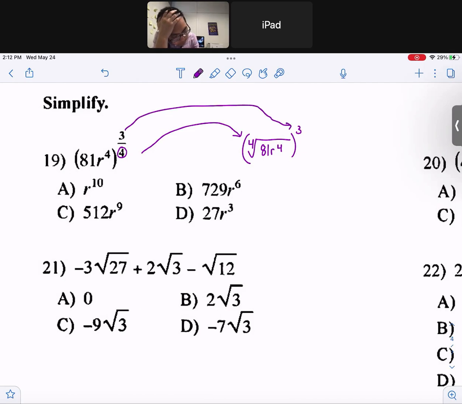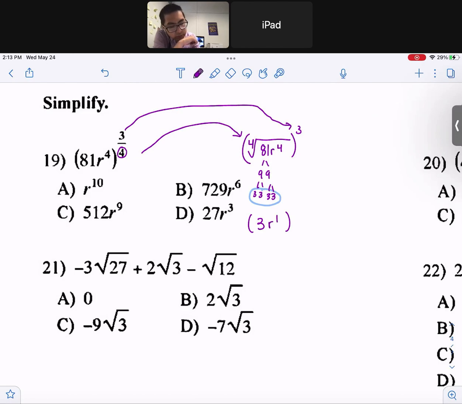Since the index is 4, you're trying to find groups of 4, right? So let's break down this 81 to be 9 times 9 and then 3 times 3. So we found a group of 4 of 3s, which comes to the outside, and then r to the 4th, divided by 4, is just 1r.